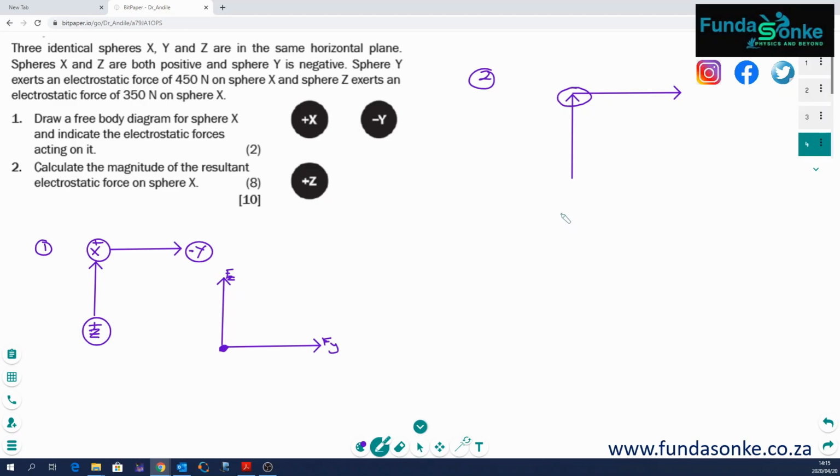Okay, so in this case, our resultant based from our Pythagoras theorem will then be represented like this.